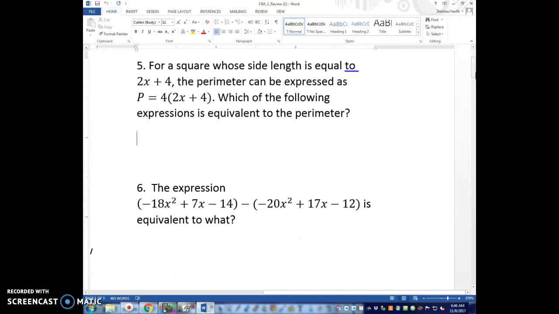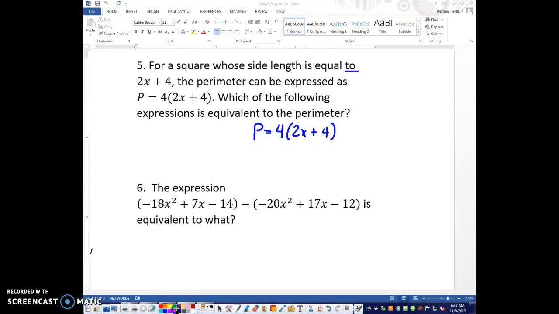Okay. For a square whose side length is equal to 2x plus 4, the perimeter can be expressed as 4 times 2x plus 4. Which of the following expressions is equivalent to the perimeter in terms of x? Okay, so the question is actually talking about in terms of x. So, we need p equals 4 times 2x plus 4 in terms of x.